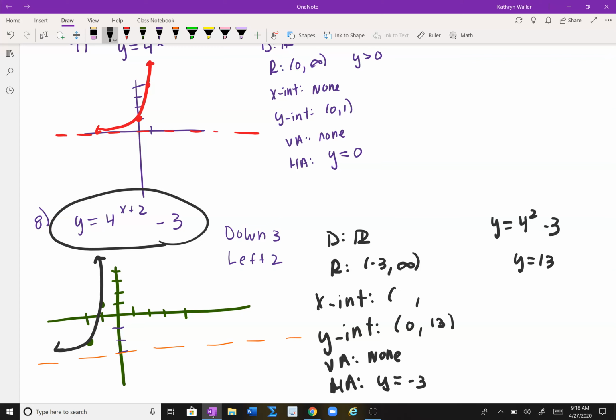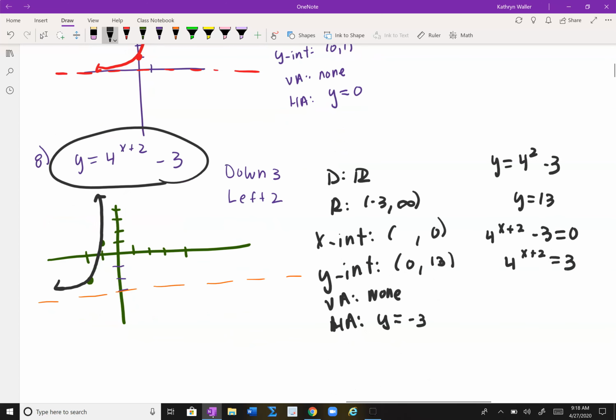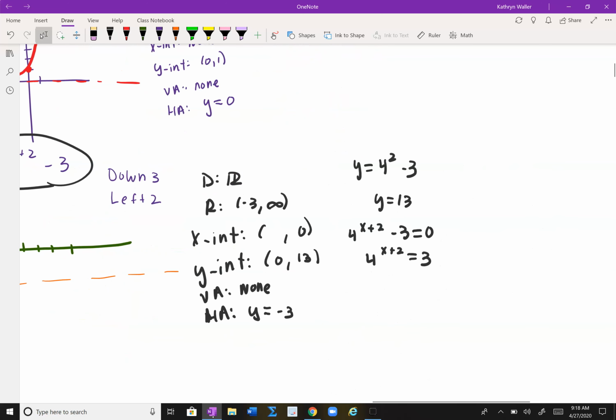To find the x-intercept, I'm going to let y be a 0. So then I would have 4 to the x plus 2 minus 3 is equal to 0. Then I pull that 3 over and it becomes a positive. And now I'm stuck, and when you're stuck, you convert. So this is going to be log base 4 of the other side, which is a 3, is equal to x plus 2.